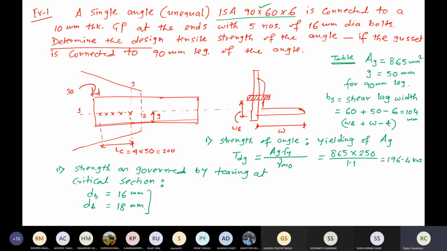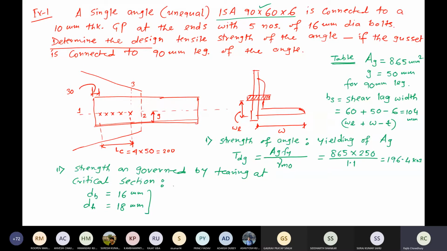Okay. Now previously, whenever we did the bolted connection, in most places we took into account two plates being connected with each other. Now here the angles are being connected with a gusset plate, and in the angle only one leg is being connected.